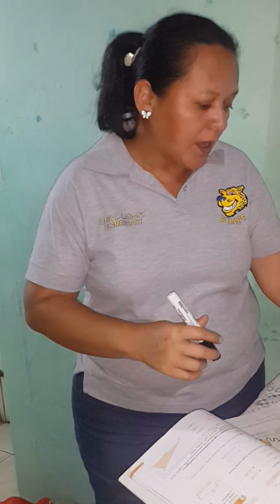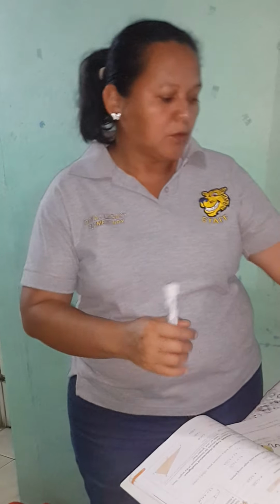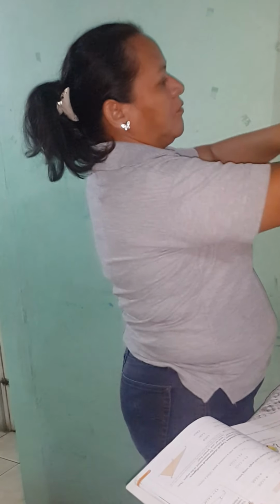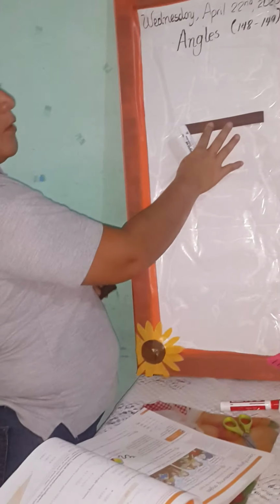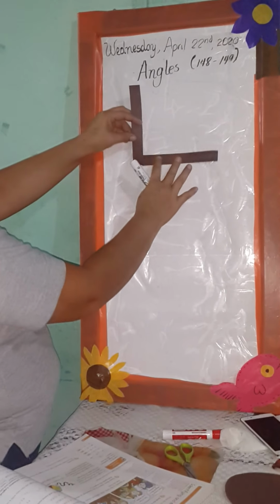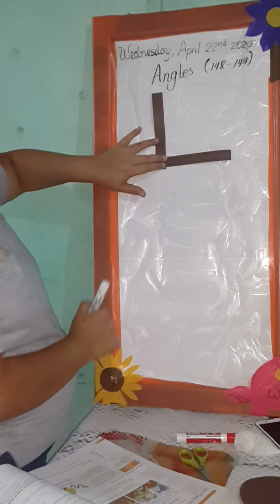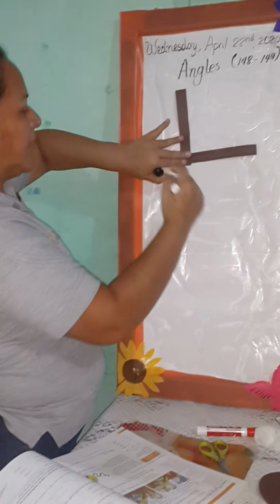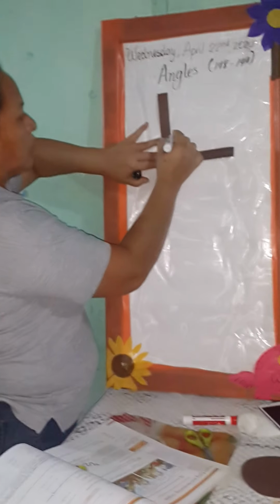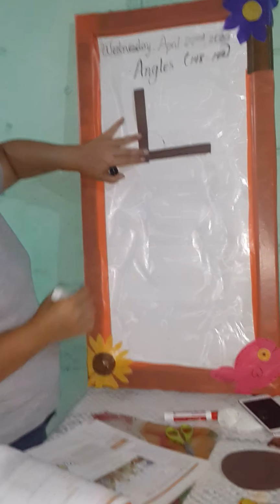For example, I have these two lines. This is a normal line, okay? This is a straight line. But when you join another here, you are forming one angle. And how do you identify the angle? Doing this between the two lines that you are joining.